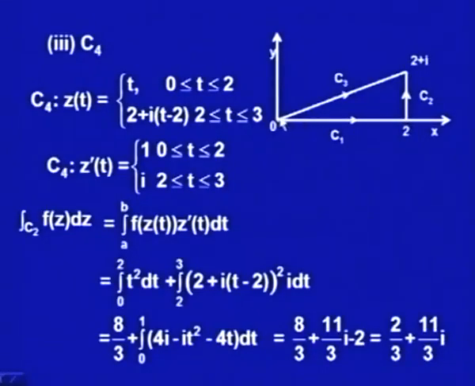You can choose some other path also, a part of a parabola or part of a circle, anything like that, think of the parameterization, and then calculate this integral. In this function you will find that all the time you would get the same integral.